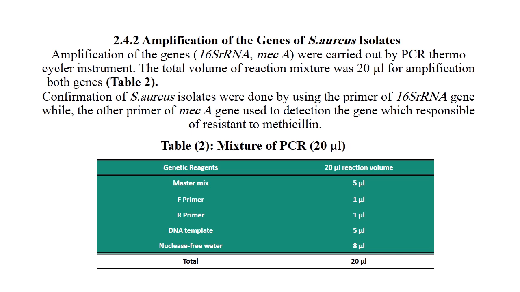This slide shows amplification of the genes for the detection of Staphylococcus aureus isolates and MRSA isolates. A PCR mixture was prepared before performing the PCR technique, which includes master mix, forward and reverse primers for both genes, and DNA template with nuclease-free water, equal to 20 microliters.